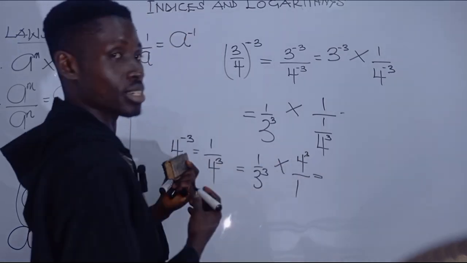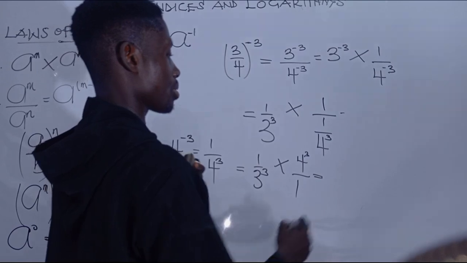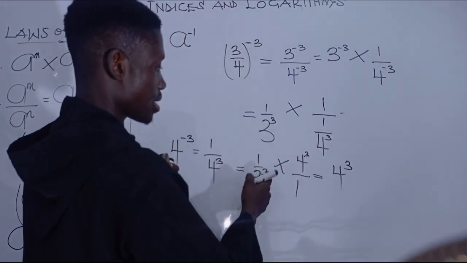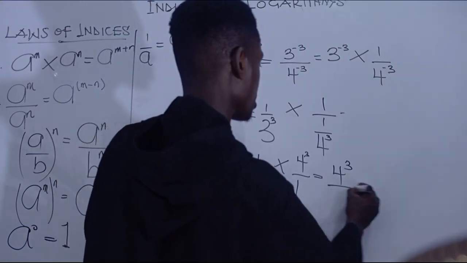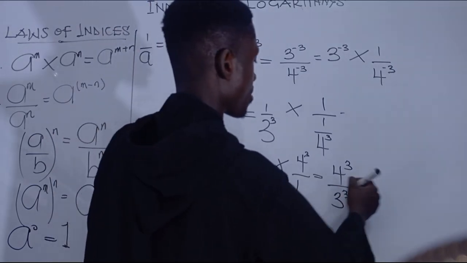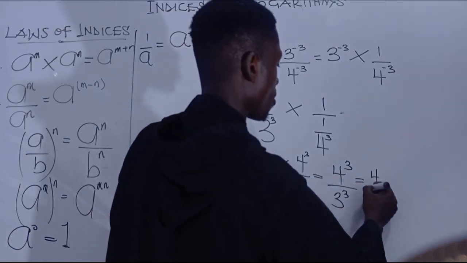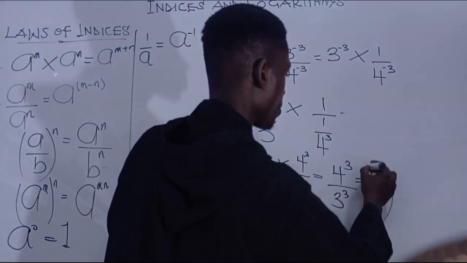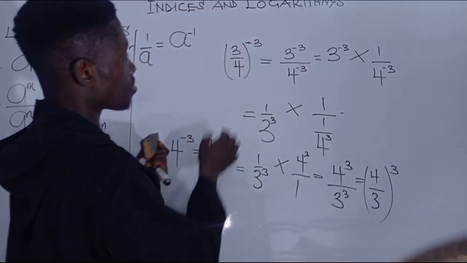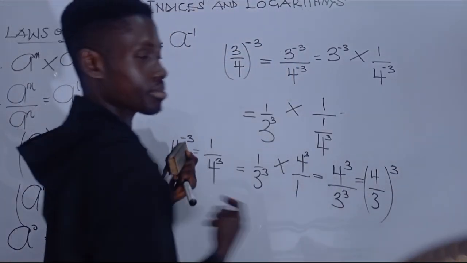Now let's multiply the numerators. 1 times 4 raised to the power 3 will give us 4 raised to the power 3. 3 raised to the power 3 times 1 will give us 3 raised to the power 3. Now we can rewrite this as 4 over 3 all raised to the power 3. Now what can you observe from this and then that?